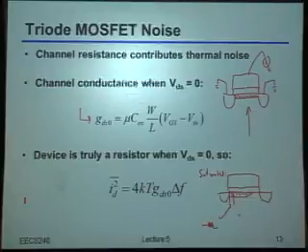Then similarly, I could take the next small piece of channel, model that as another equivalent resistance, next small piece as another equivalent resistance, and so on and so forth. And if I do exactly this procedure, and then just integrate up the total contribution of noise from each of those small chunks of resistors, that's exactly how you could find out the effective noise of the MOSFET in the saturation region.